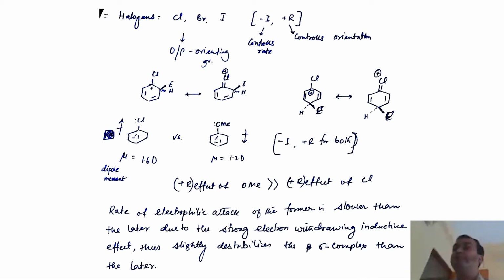Since it is less electron dense, the reaction rate becomes less as compared to benzene, that we have discussed before. So your minus I effect controls the rate, but the sigma complexes generated upon addition at the ortho, meta or para position are getting stabilized via the plus R effect. That is why your plus R effect controls the orientation and the minus I effect controls the rate.